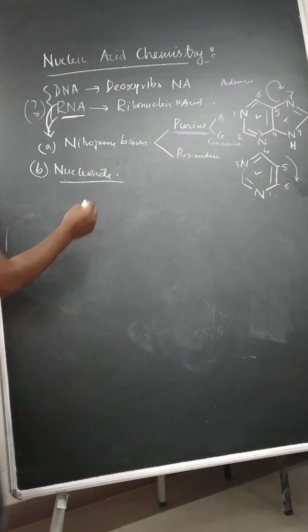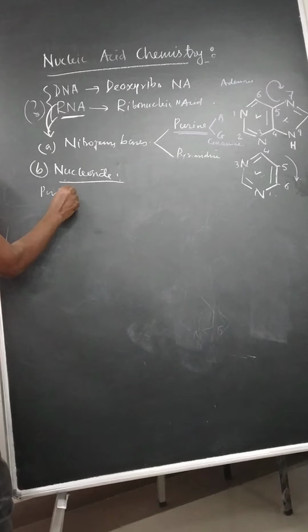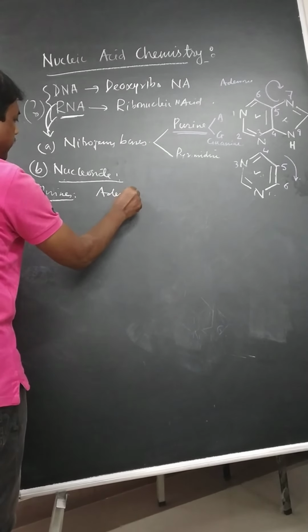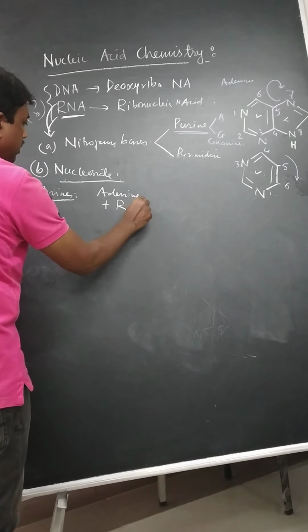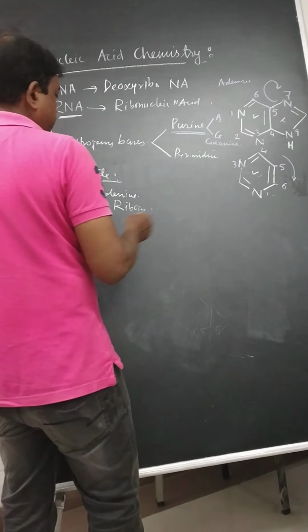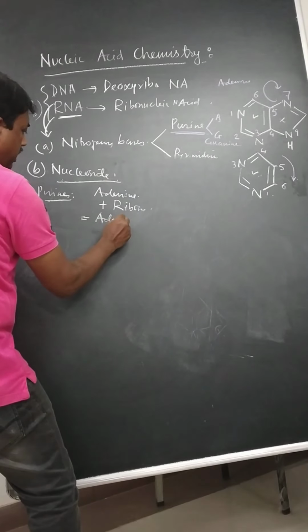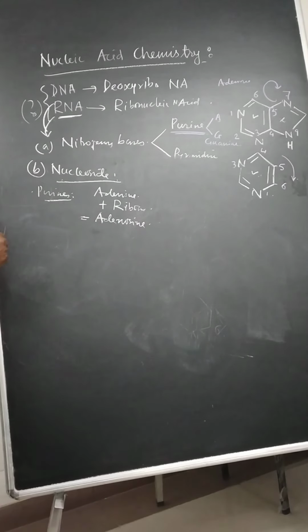Nucleoside means start from the purines first. This adenine plus ribose. Adenine plus ribose is known as adenosine.